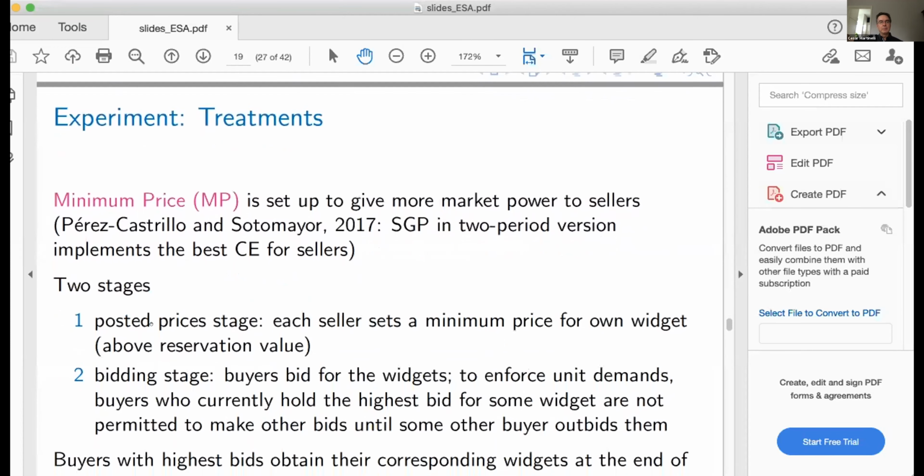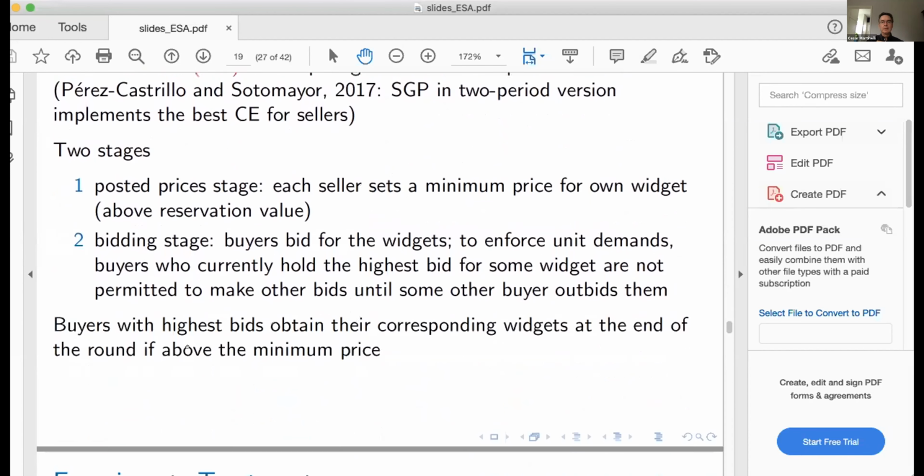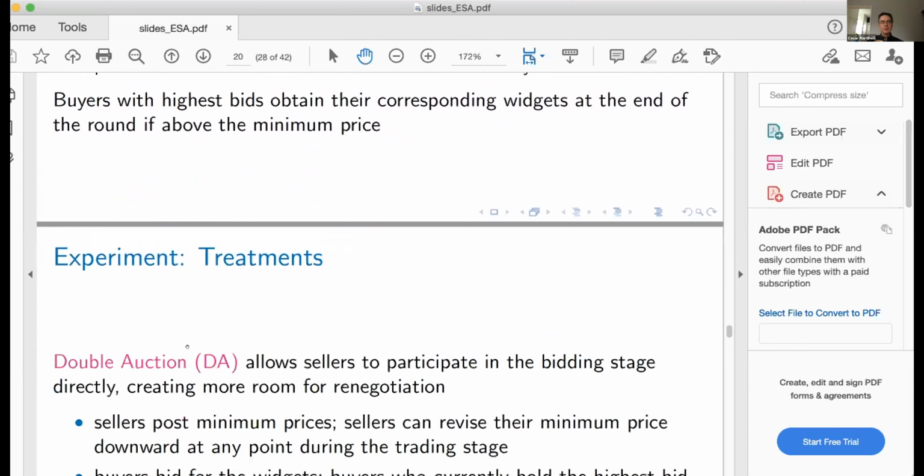So the treatments are, first, a minimum price. We allow sellers to post prices, and then we have buyers bidding up. If a buyer has the highest bid for a house, the buyer holds the house unless he's beaten by another buyer. So that's the minimum price environment.